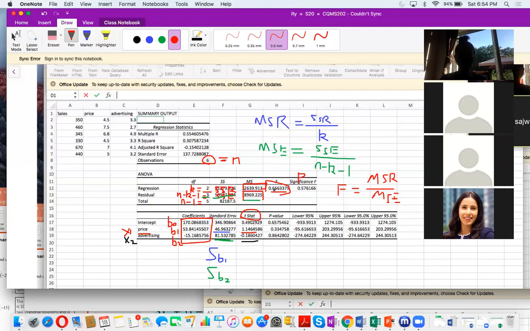This F is overall, testing the combination of price and advertising. The T tests individual price and individual advertising. And the next is the p-value for price and the p-value for advertising.